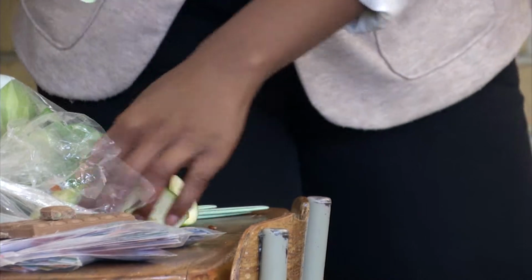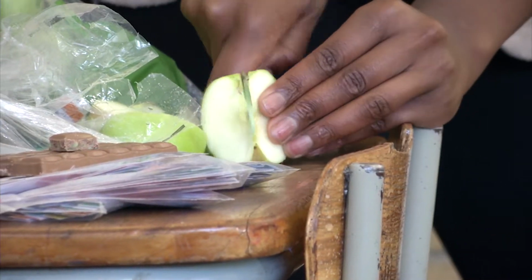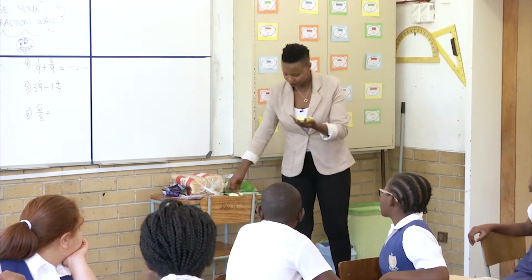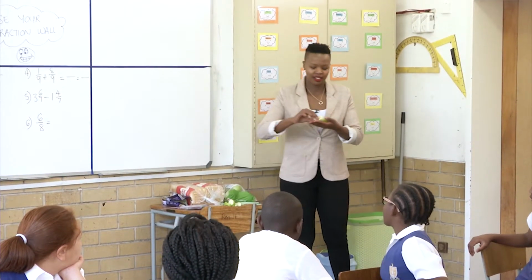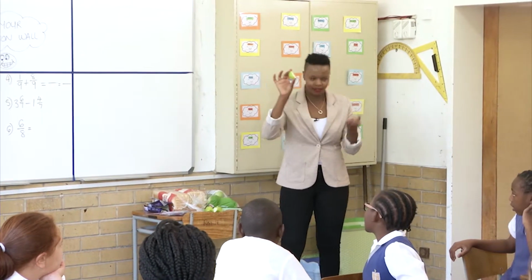Tell me, if I cut all these quarters in half, what on earth do I have now? Okay, I've got 1, 2, 3, 4, 5, okay, 6, 7, 8.